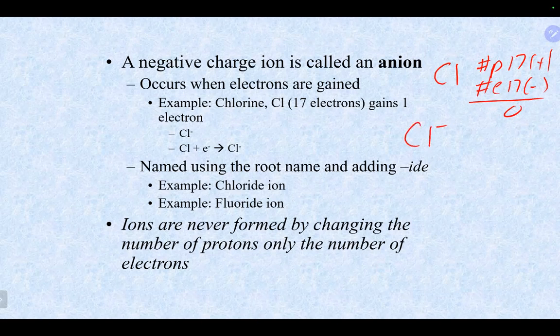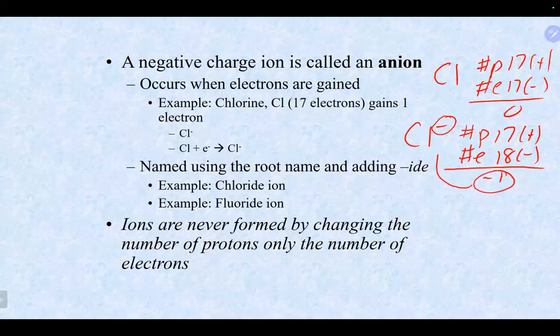Cl- would still have 17 protons because it's chlorine. The minus means it gained an electron, so it would have 18 electrons. 17 positives, 18 negatives gives us a -1 left over, and that is how we get our charge.